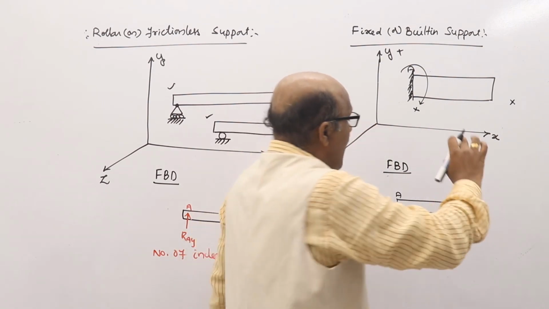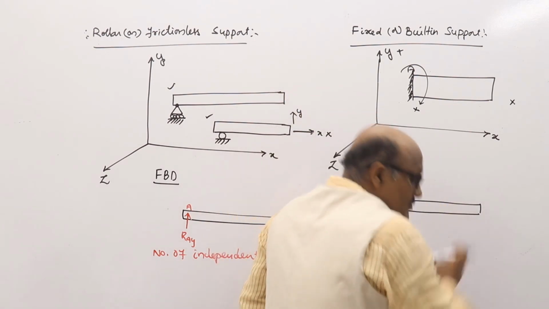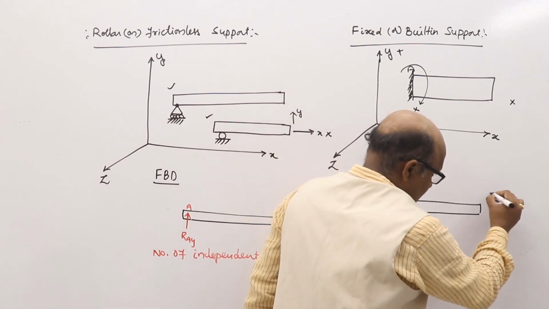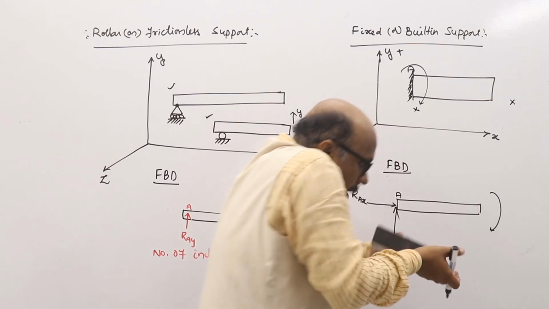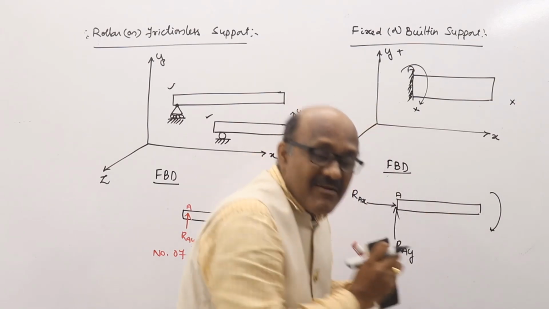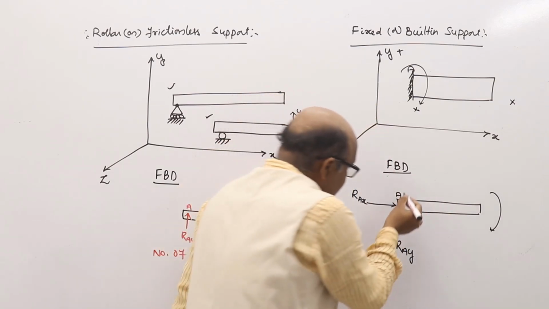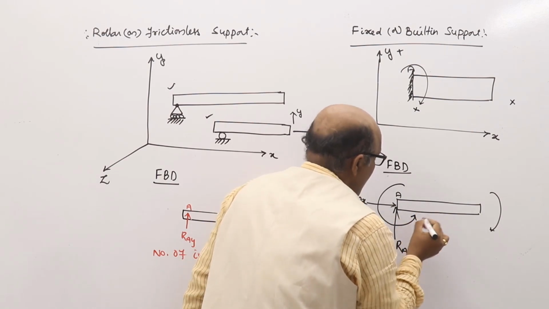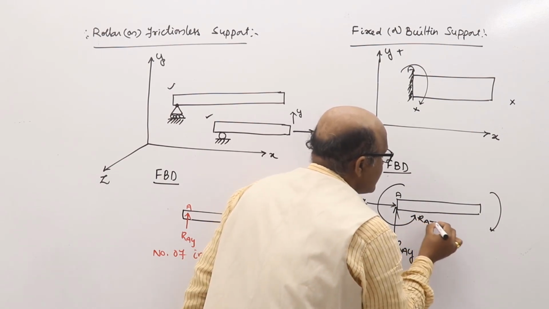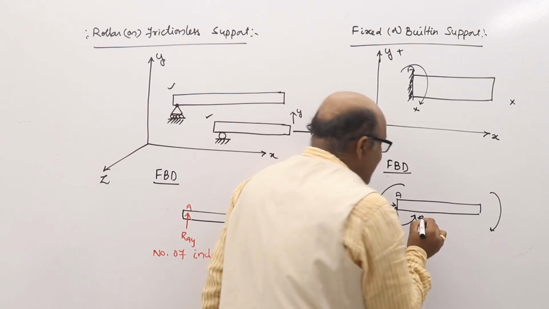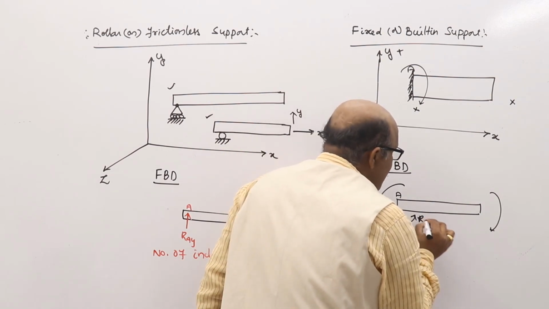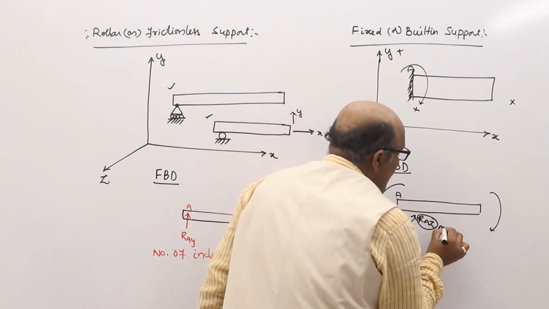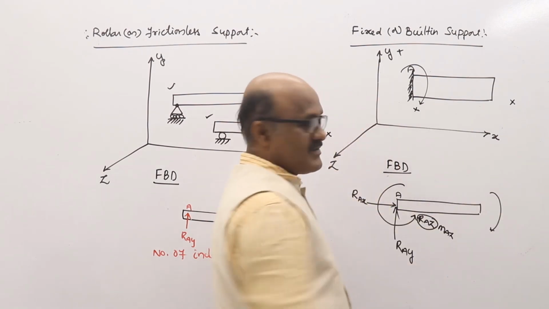But I can try to rotate about the z-axis direction. I will try to rotate in this direction, but in the opposite direction, resistance is developed. So this is RAZ, which is nothing but the moment about the z-axis.